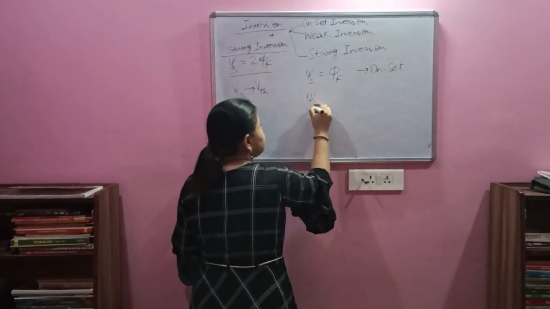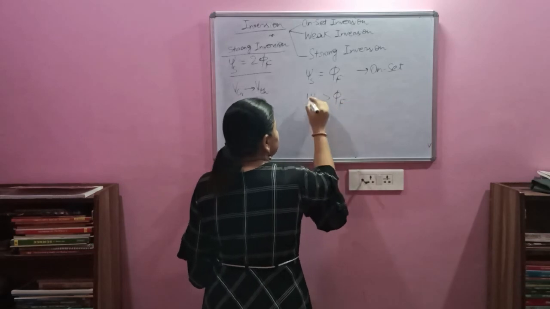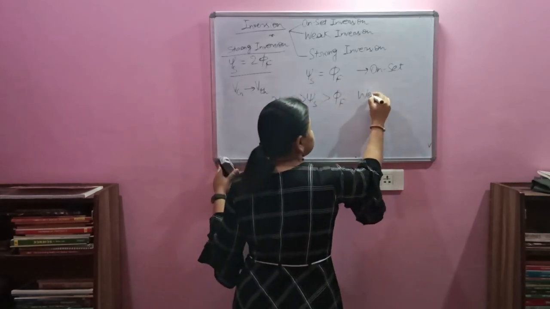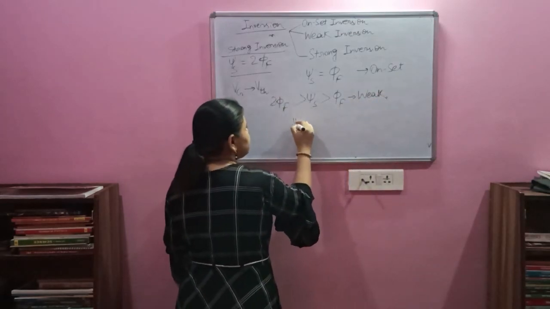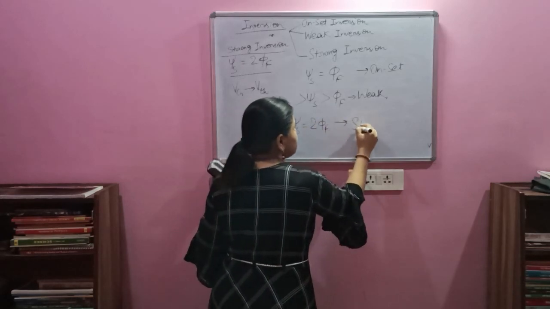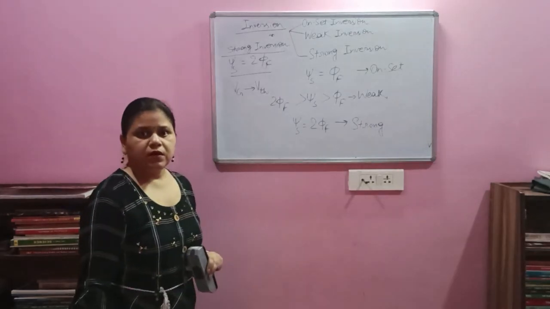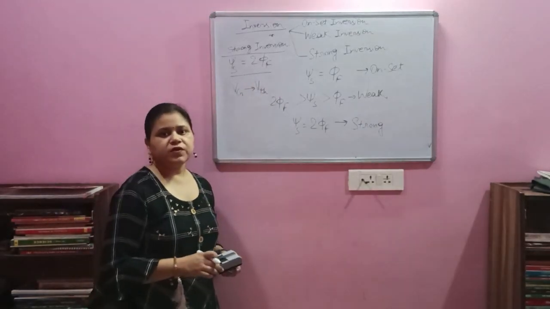When psi s is greater than phi f but less than 2 phi f, this is weak inversion. And when psi s is equal to 2 phi f, this is strong inversion. So this is how we categorize the inversion process.